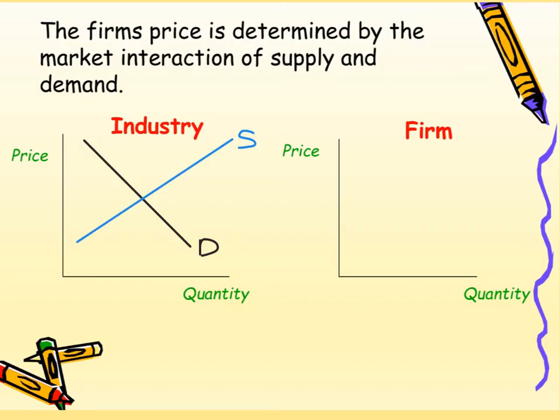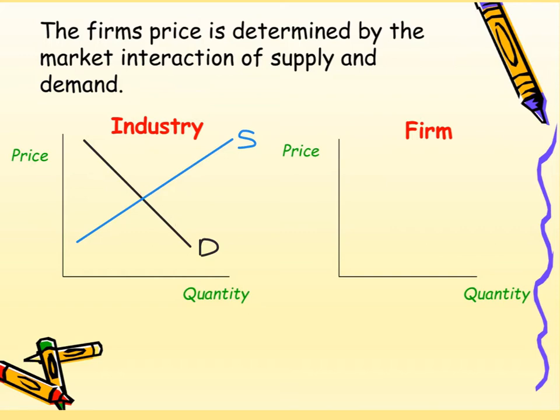Okay, so you heard me mention earlier that the industry sets the price or the market sets the price. So I'm just going to explain what I mean by that. The firm's price is determined by the market interaction of supply and demand. So here you can see I've put in demand and supply, and we remember from our study of demand and supply that where these two intersect or cross over is our equilibrium price and quantity.